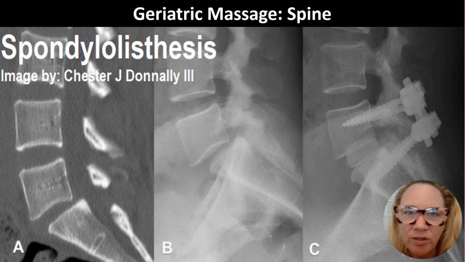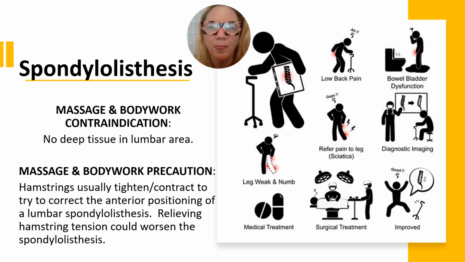This is what a surgical procedure to provide cure or relief for spondylolisthesis would look like. They literally put screws into the vertebrae to hold them in place so that one vertebra does not further slip over another. And this is usually in the lumbar area of the vertebral spine.